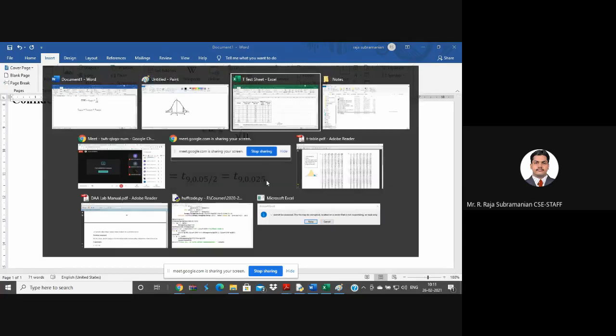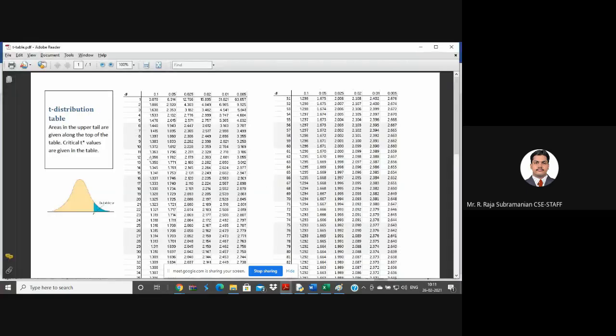Now I go to the t table. You tell me what will be the value.